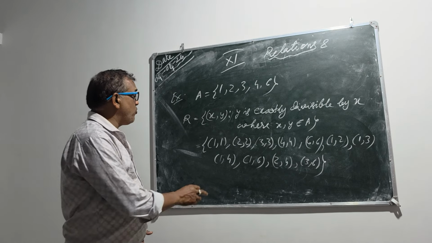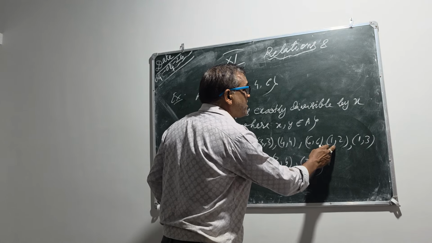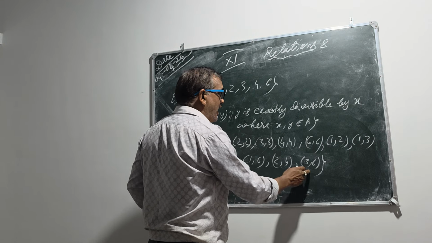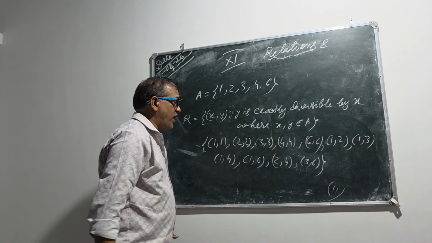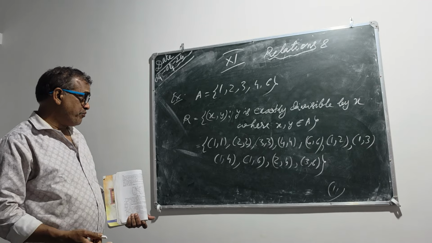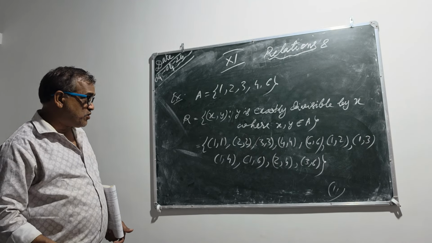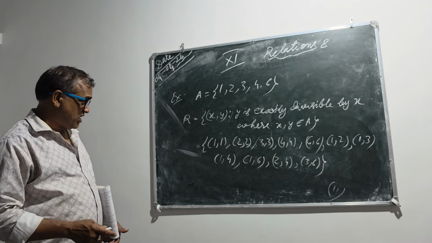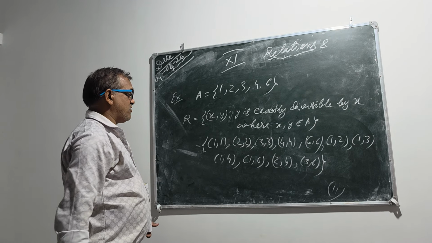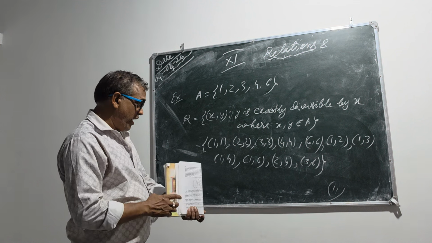So the total number of elements will be 10. Whenever y is exactly divisible by x, these are the relations from A to A.